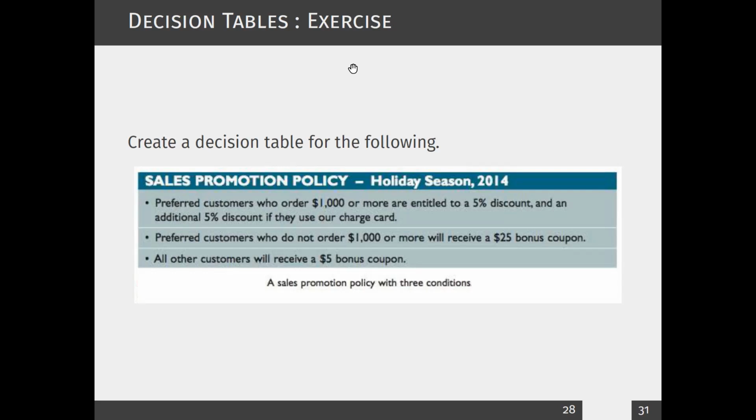The two things that you have to do are, first of all, think about what the conditions are, then look at the actions. Can you type in the chat? What are the conditions and what are the actions?